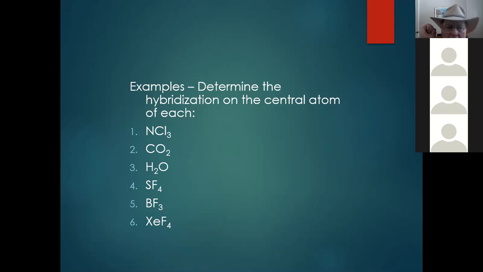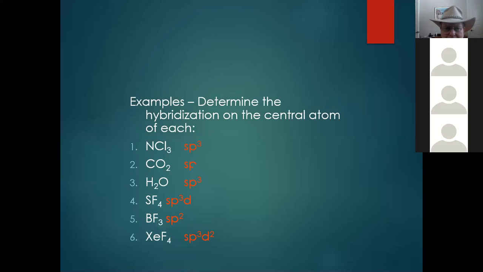Good. Ian, H2O. That'd be sp3. Gabe, SF4. There are 5 clouds around the sulfur. That'd be sp3d. Guys, isn't this simple? It's not that hard at all, guys.